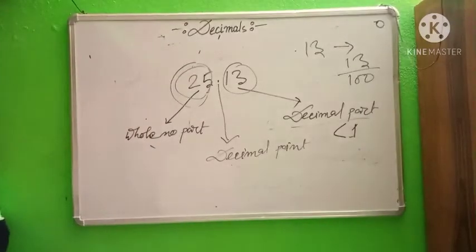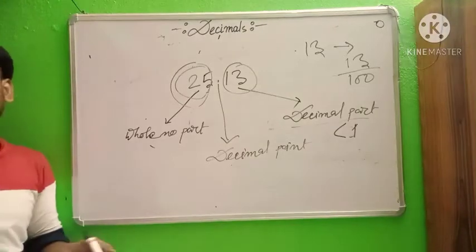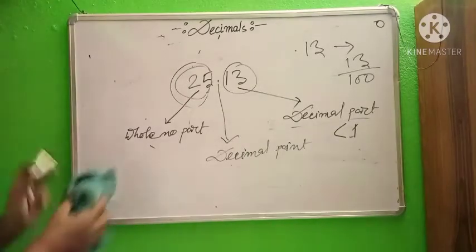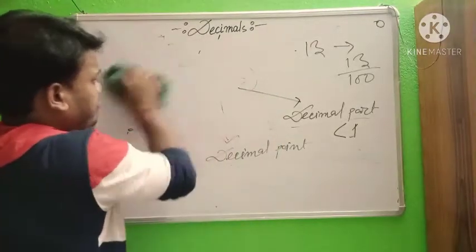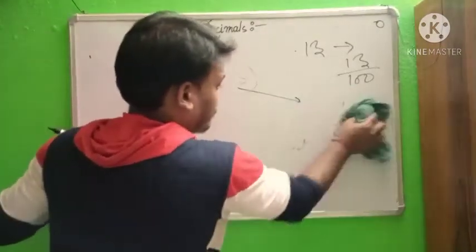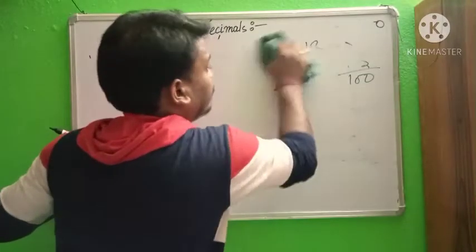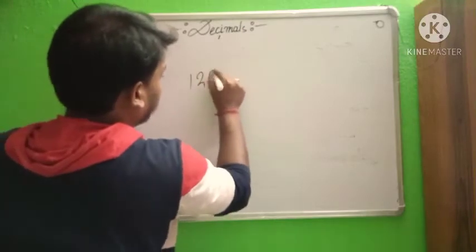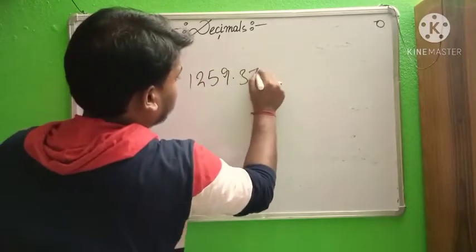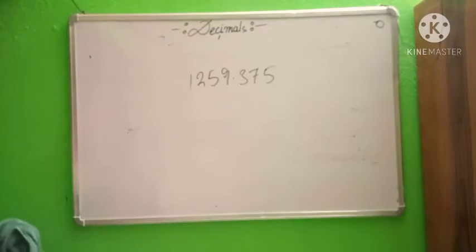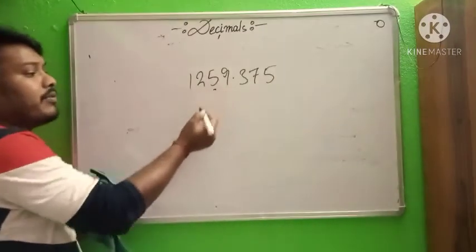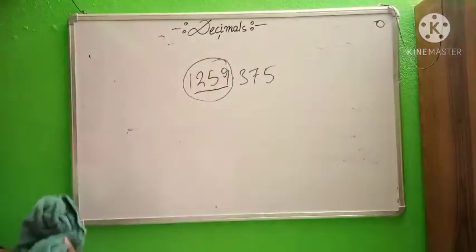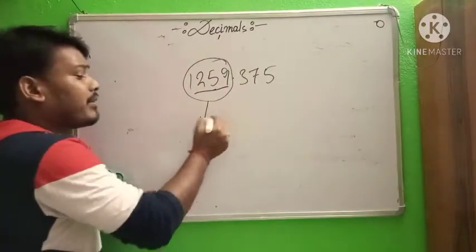Next thing, how to learn the place values of decimals. I take one example, 1259.375. Okay. So what is the place value of 5? For the whole number part, the place value is similar to the previous.